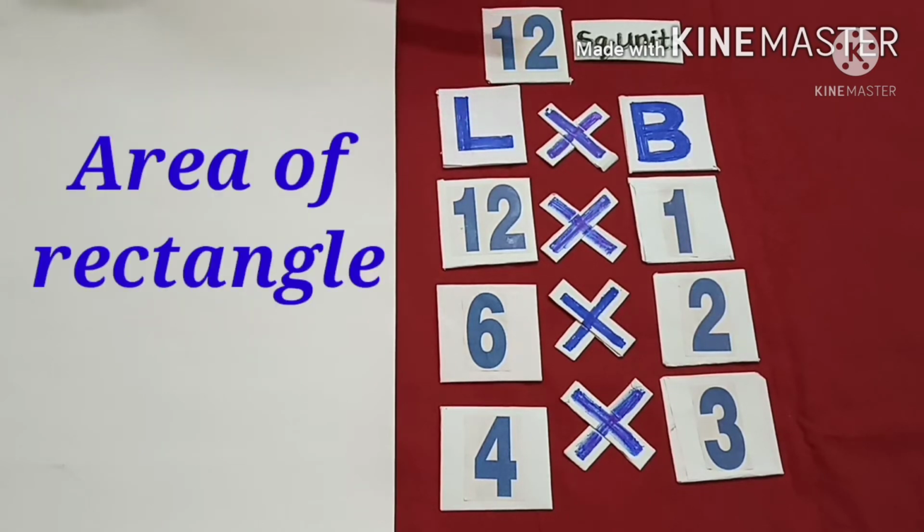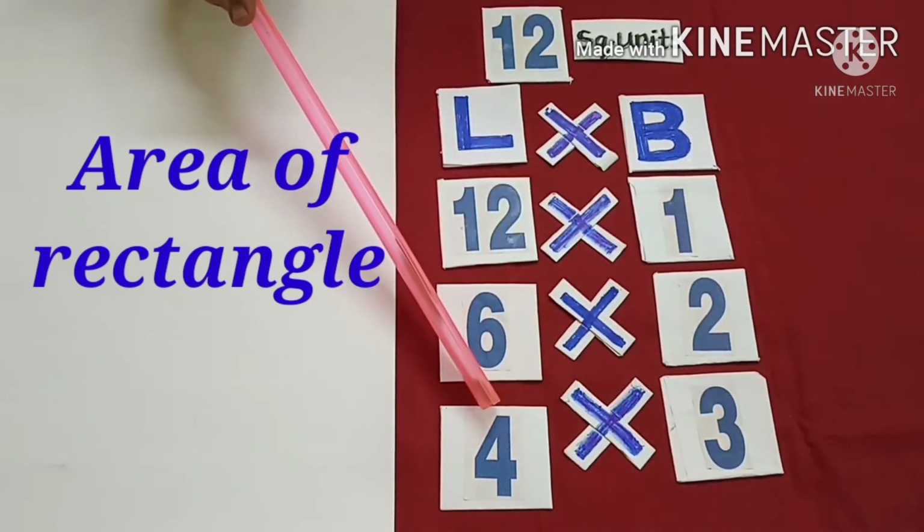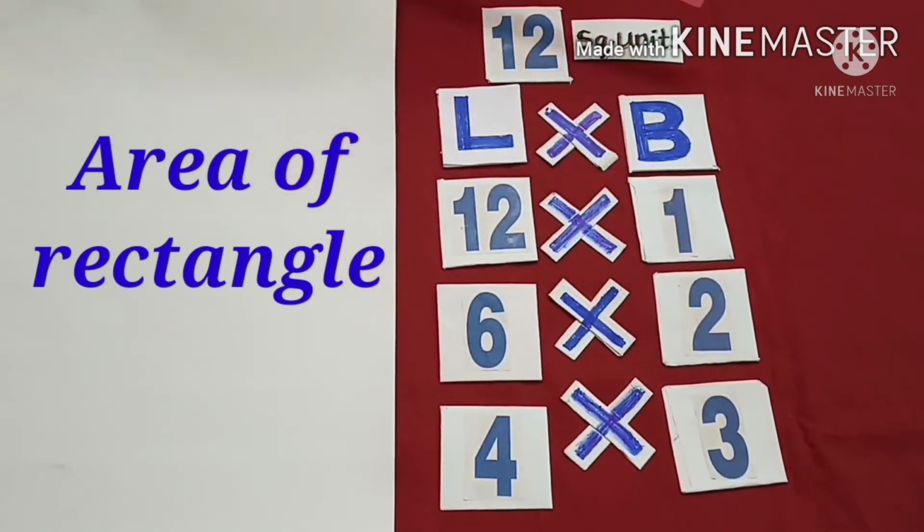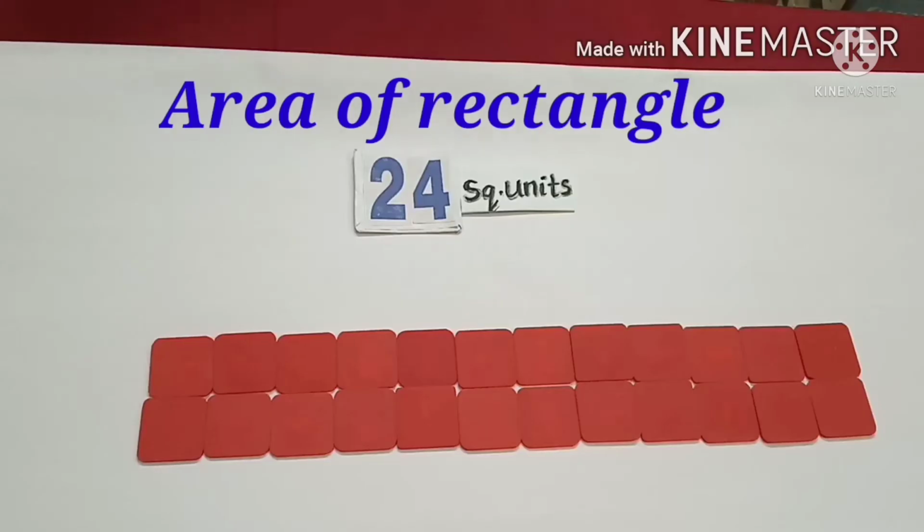So area of rectangle is 12 square units. If length is 12, breadth is 1. If length is 6, breadth is 2. If length is 4, breadth is 3. So you remember multiplication tables and factors of given numbers.